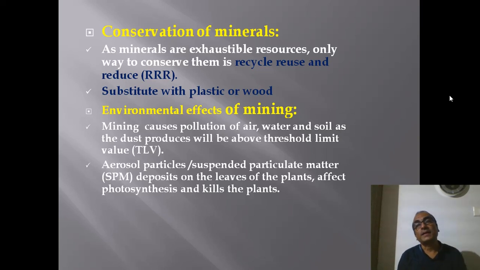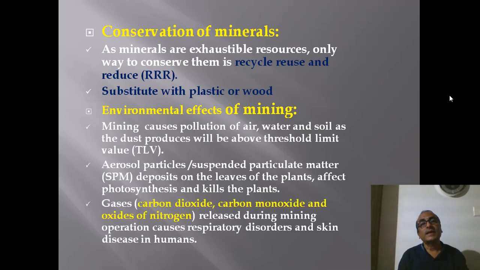These dust particles form aerosol particles or suspended particulate matter in the air, and when it settles down onto the leaves of plants, they are affected, photosynthesis declines and plants may be killed, and these dust particles also harm humans, causing respiratory problems and damage to the lungs.